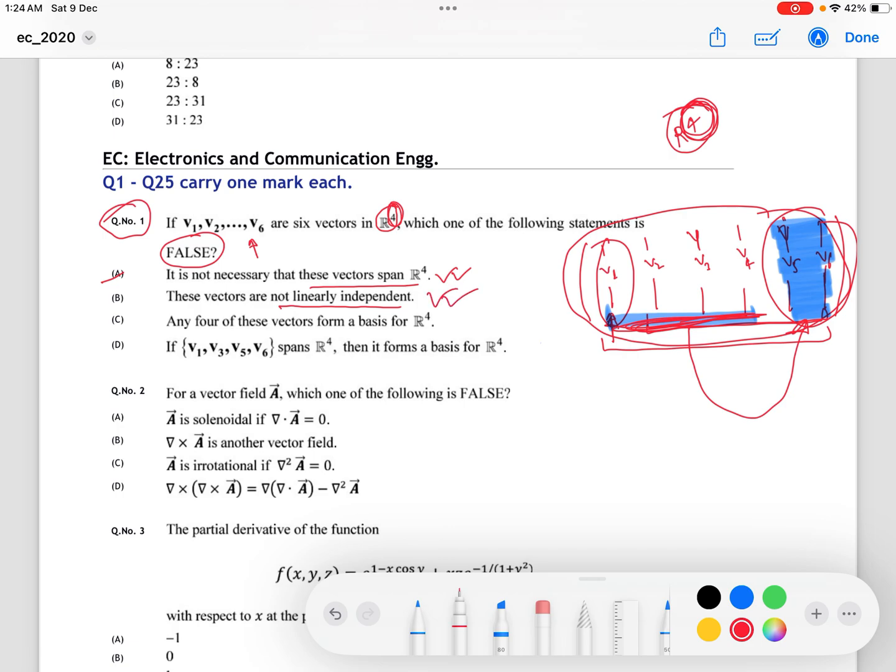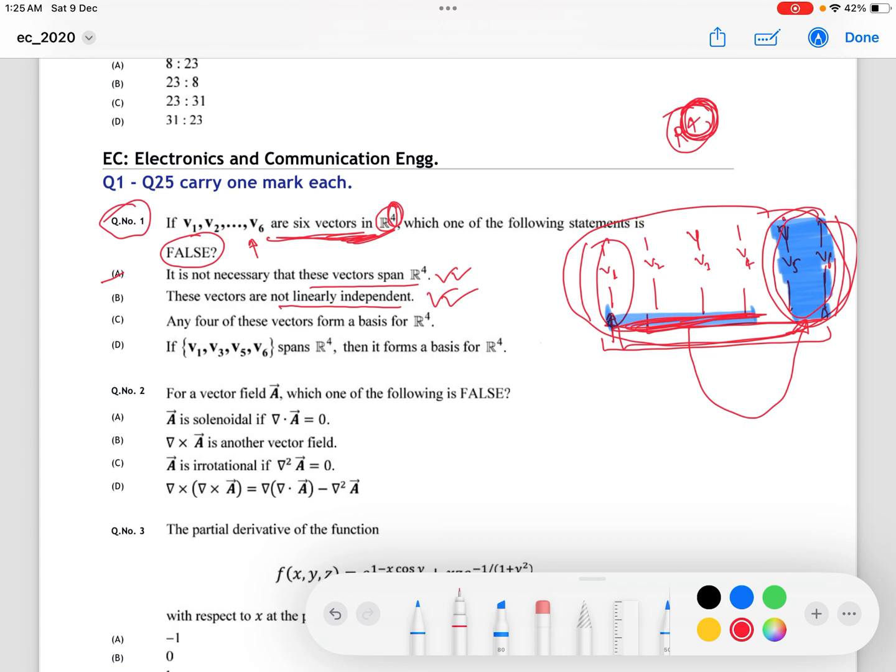Because all six have to be in R4, right? If all of these were linearly independent, then they would span more than R4. But in the question they are all in R4, so we have some vectors that are extra.